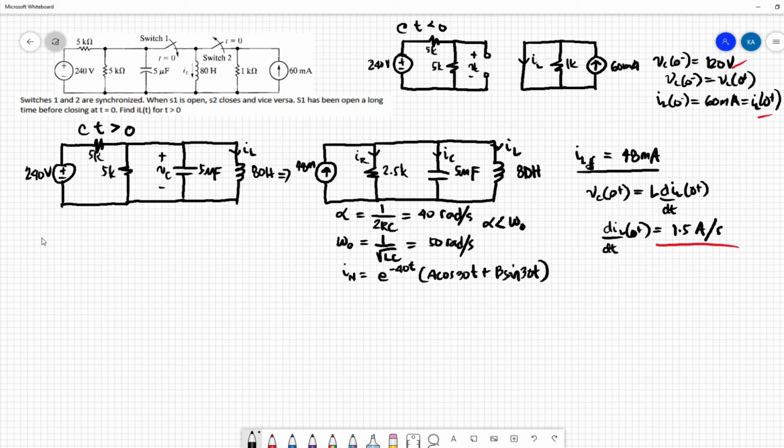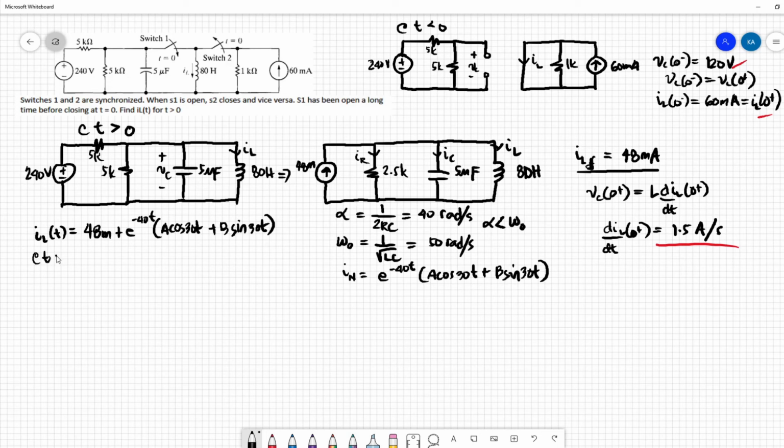So our complete response, iL of t, is equal to 48 milli plus e to the negative 40t times A cosine of 30t plus B sine of 30t.